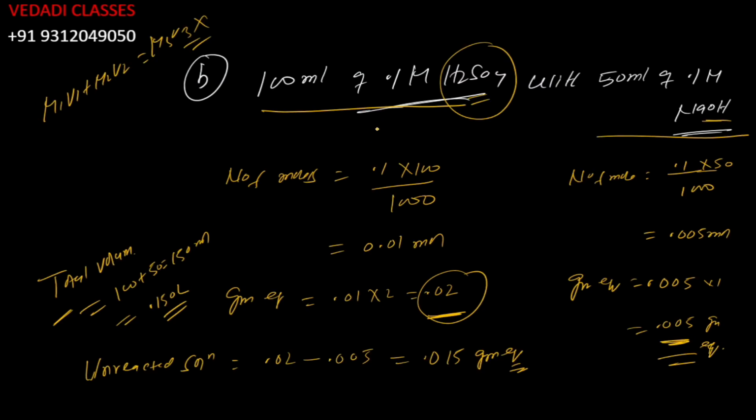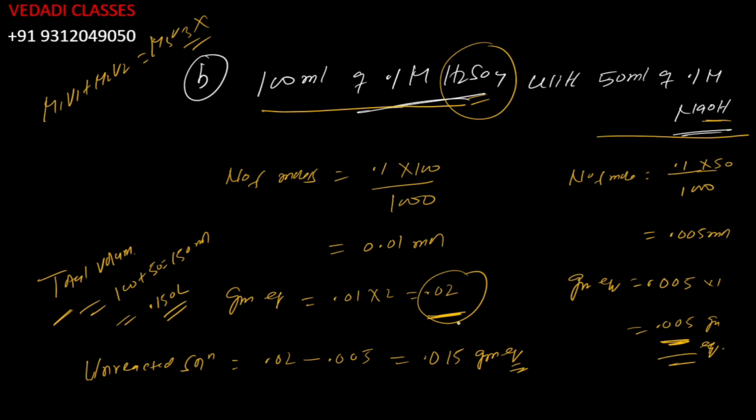The second type of question is where one will be an acid and one will be a base. In this case, first you have to find out the gram equivalent of both, subtract the lesser from the more, and see which is more.